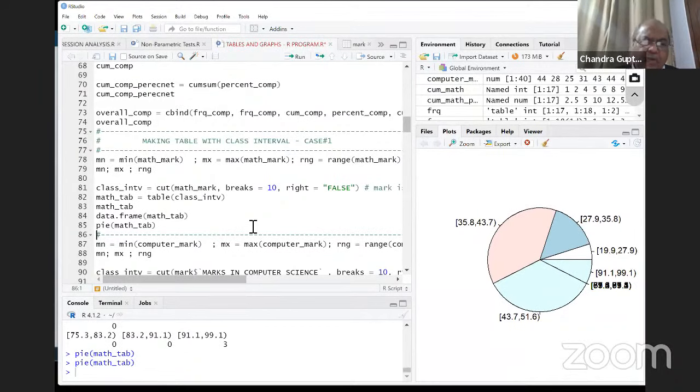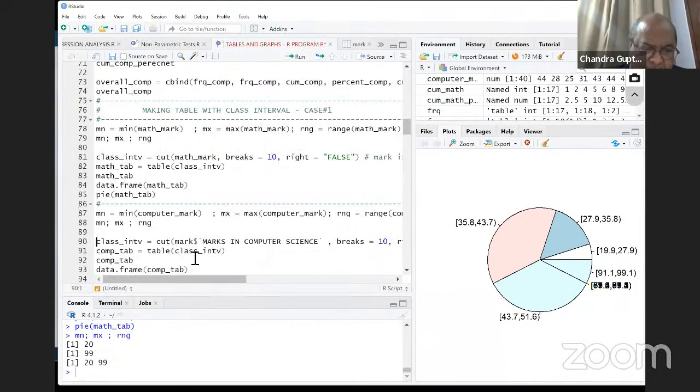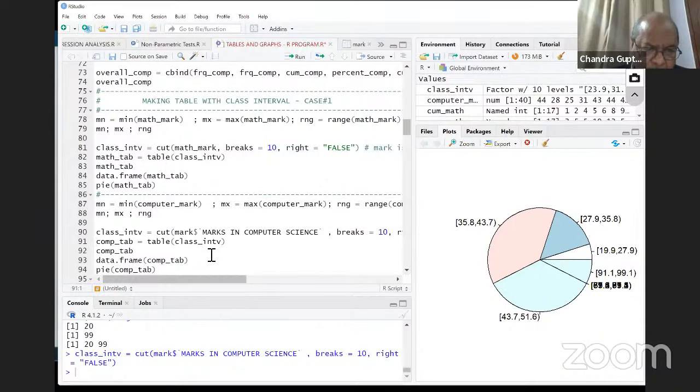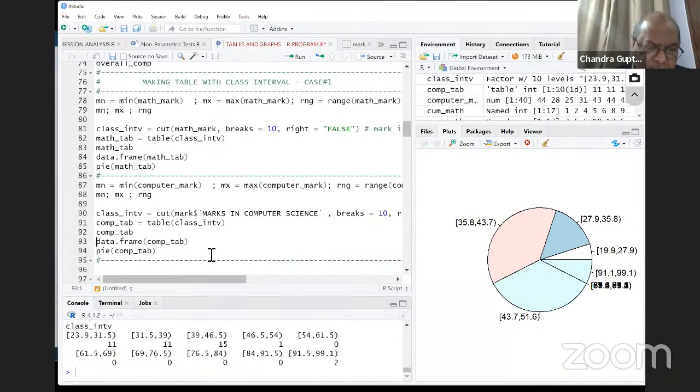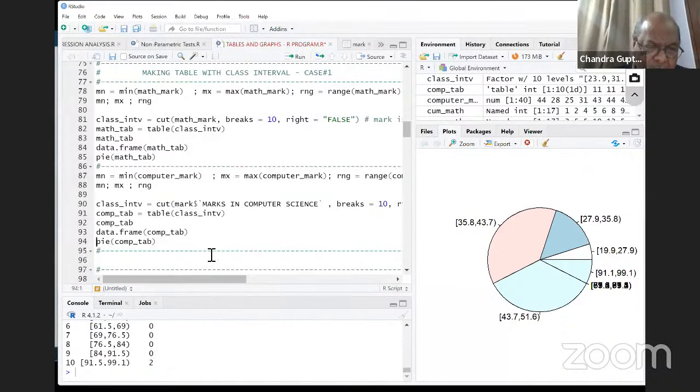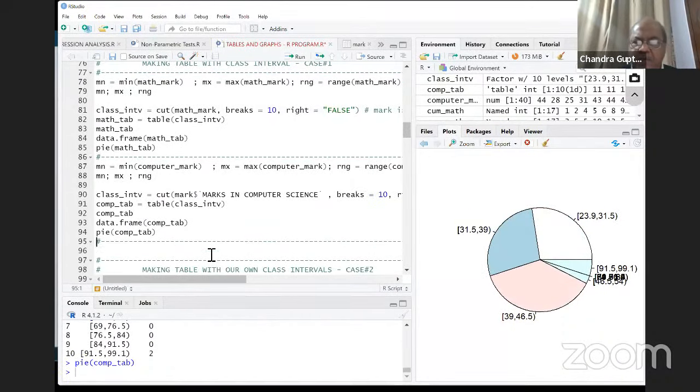In a similar way you can do it for the computer marks: get the range and cut it into 10, then make the table, convert it into a data frame, and make the pie chart.